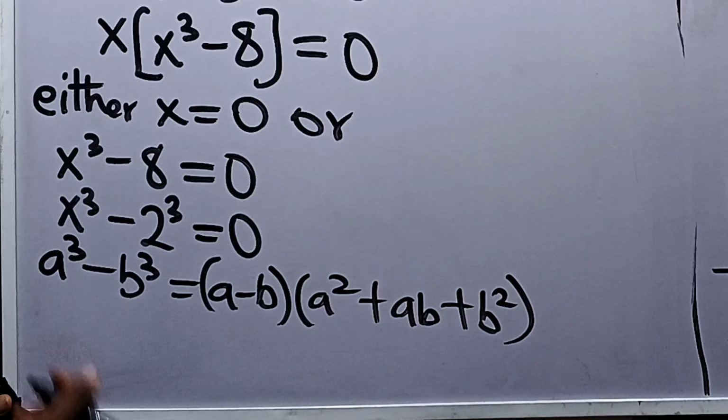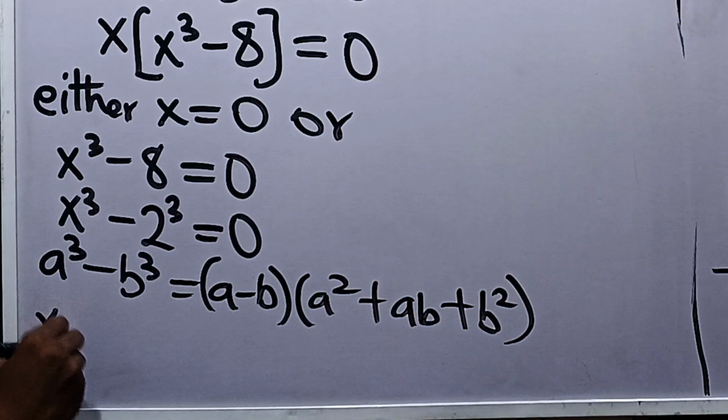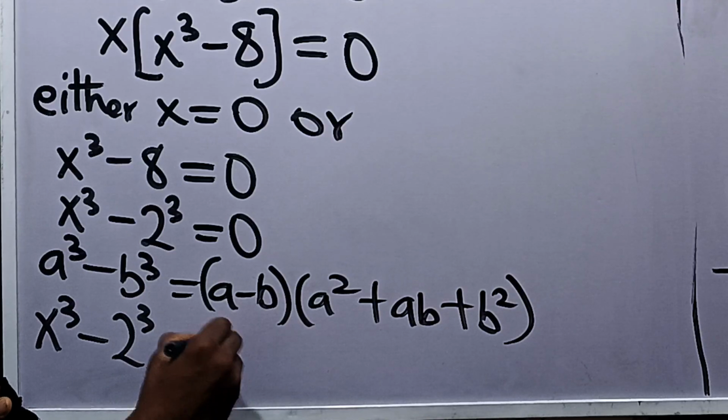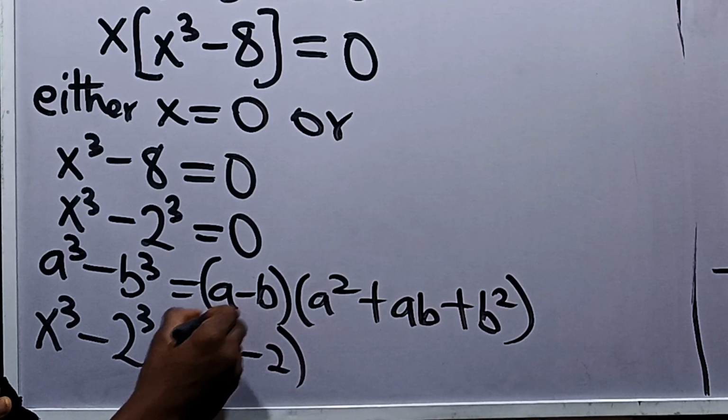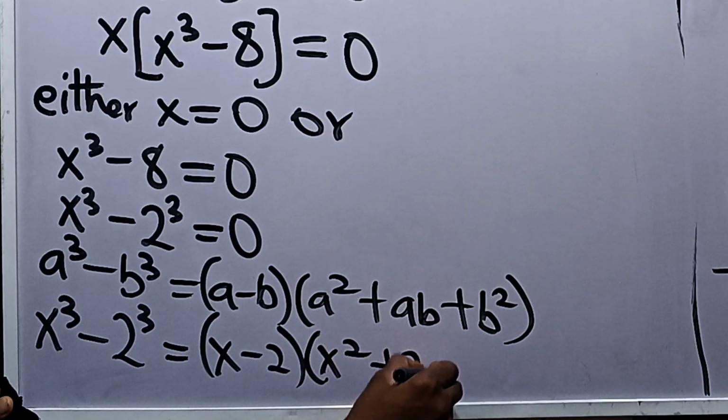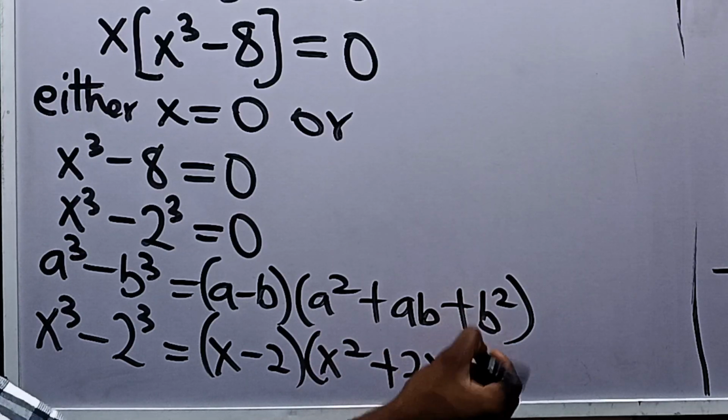Applying this law here, x cubed minus 2 cubed is equal to x minus 2 into x squared plus 2x plus 2 squared, which is 4.